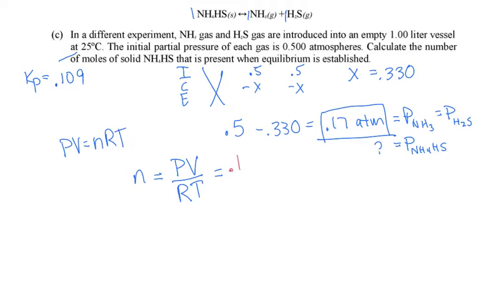This is going to equal 0.17 atmospheres. Okay? The volume conveniently is 1 liter. We're going to divide by R, which is 0.08206. And then our temperature is 25 degrees Celsius, but we know we have to add 273 to that to get it in the Kelvin temperature. So that's 298.